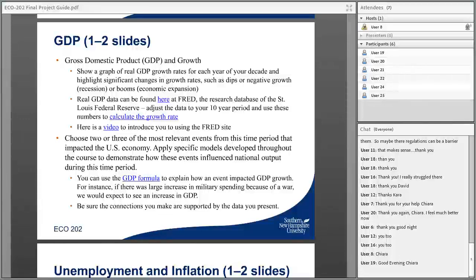Moving on, you research unemployment and inflation. For unemployment and inflation, you will only be exemplary if you explain how the data is collected to calculate them.